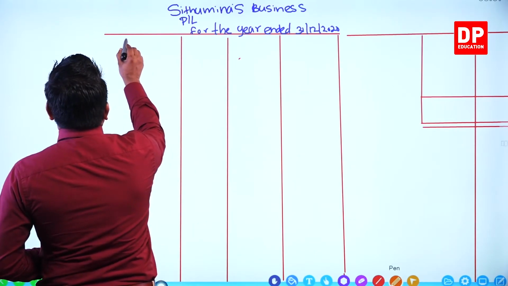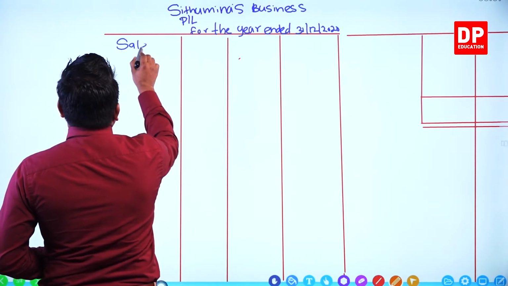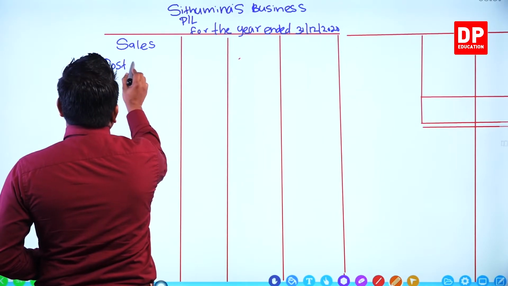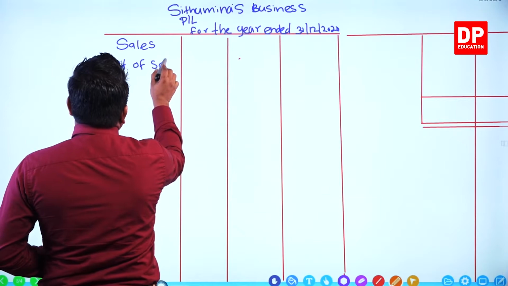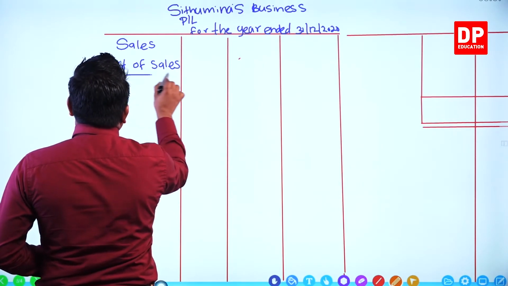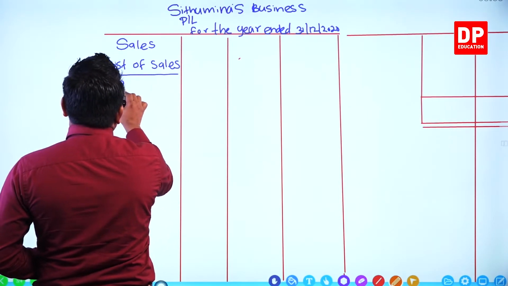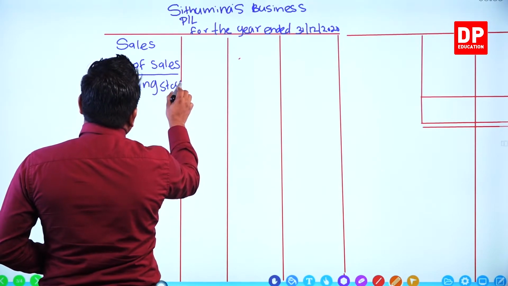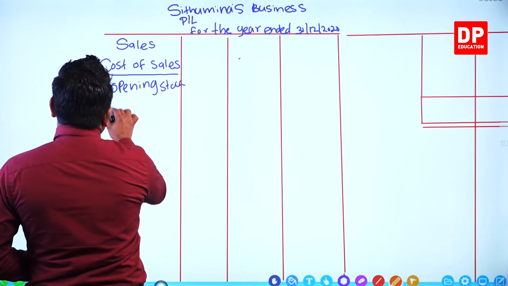On the top, we write what? Sales. After that, what we write? Cost of sales. Then you underline opening stock. Opening stock, the same way as we did in the previous question.